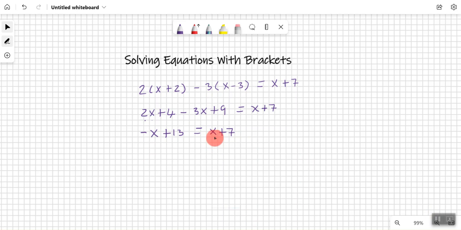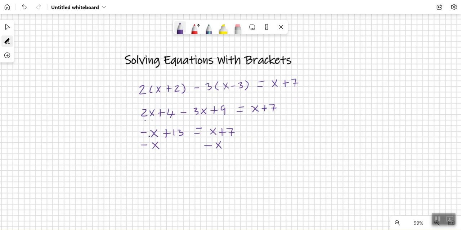Now we have an x on both sides of the equal sign, so we need to bring the x's on the right hand side over to the left hand side. How do I do that? I can take this x and minus x. That gets rid of it on the right hand side, and if I minus x from this side, I have to minus x from the other side as well.